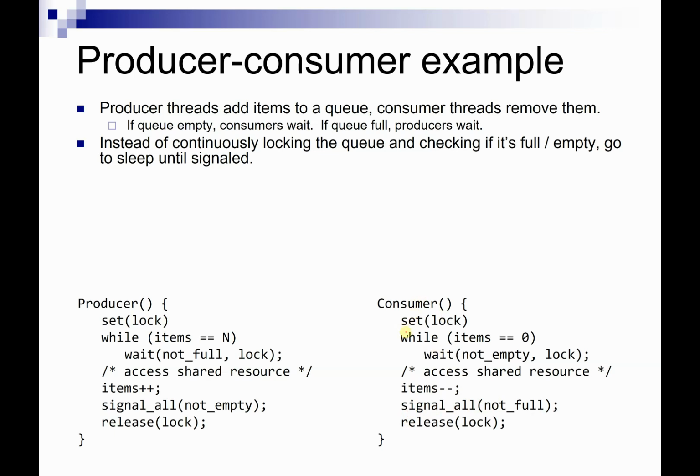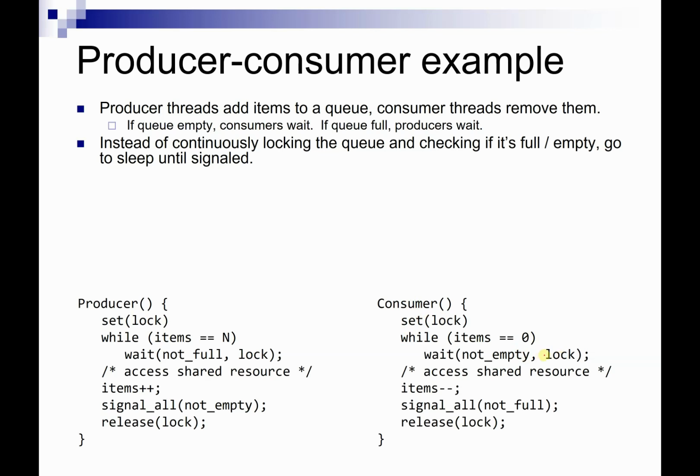However, if this consumer, when he was trying to take some items out, found the queue already empty at that point, then the consumer needs to wait until the queue becomes non-empty. And to do that, again, the consumer also needs to give up the lock, because currently at this point he has the lock.